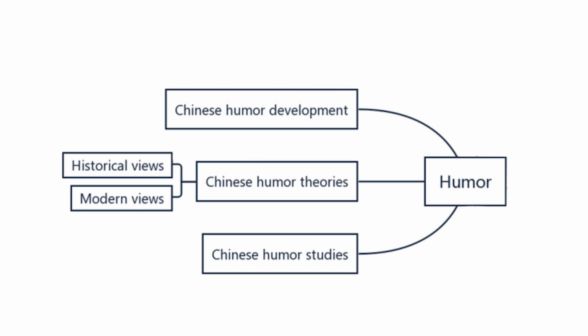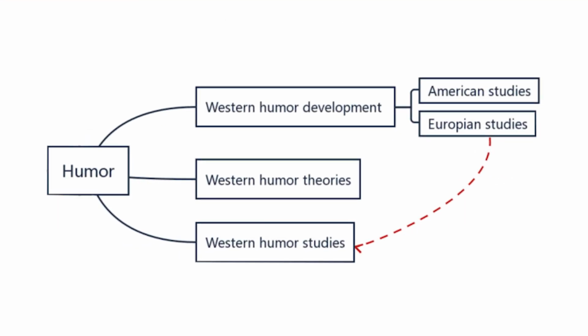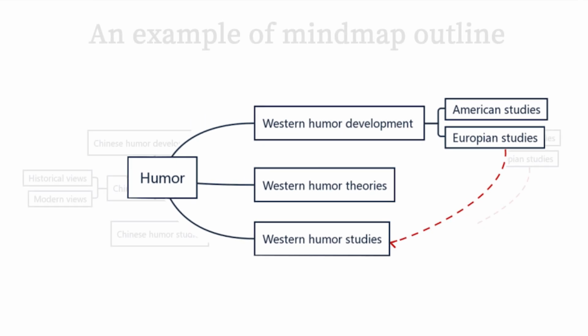And you can set up the related concepts along the left side, whereas on the right side, you can have the Western views on humor development, theories on humor development, and the Western studies on humor development, whatever.